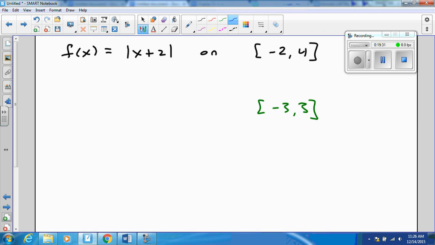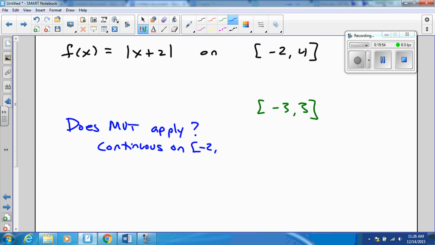So what we're asking is two different questions. The first question that was asked is, does the mean value theorem apply? Okay. And so I need to check two conditions. I need to check, is the function continuous on the interval -2 to 4?